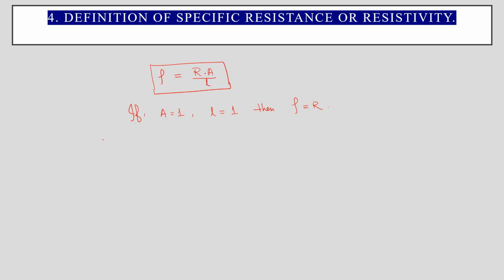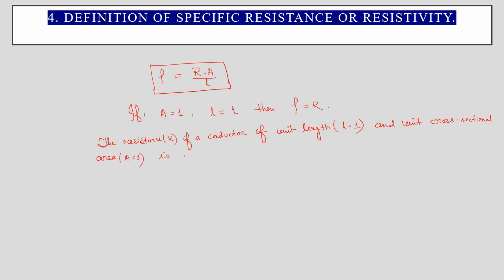So we can define resistivity as the resistance of a conductor of unit length and unit cross sectional area is called its resistivity.